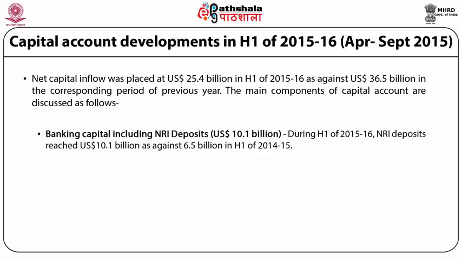Banking capital, which includes NRI deposits, stood at 10.1 billion US dollars in the first half of 2015-16 as shown in the Economic Survey, as against 6.5 billion US dollars in the corresponding period of the previous year.